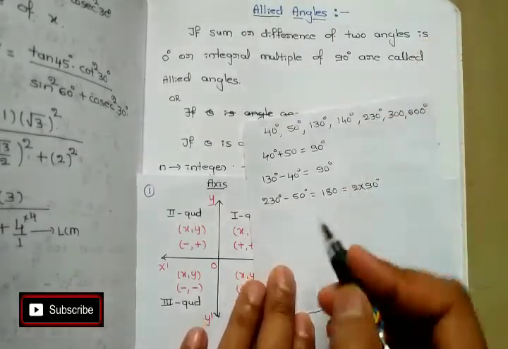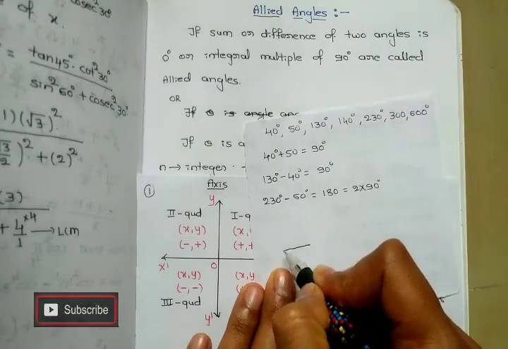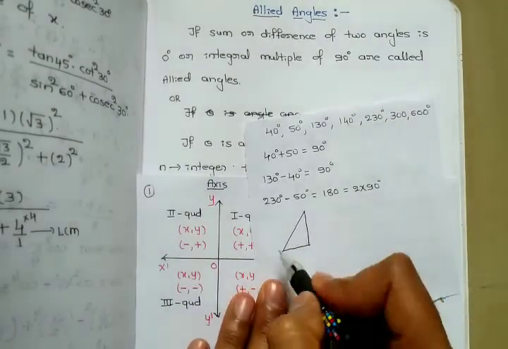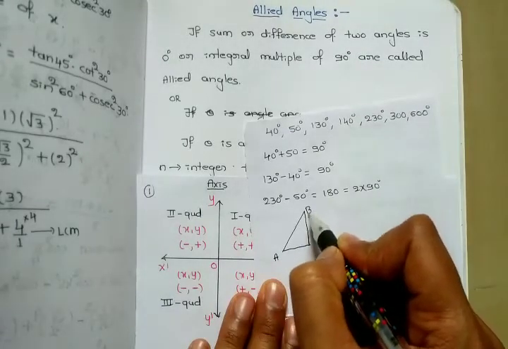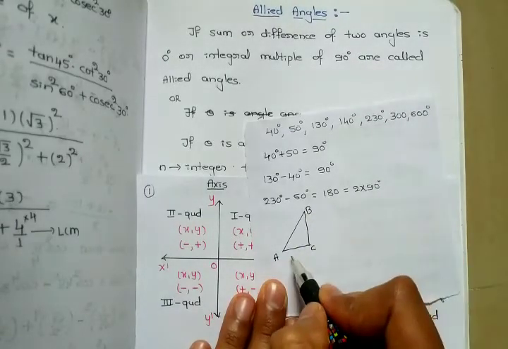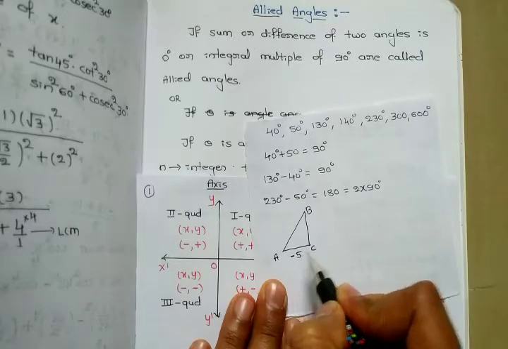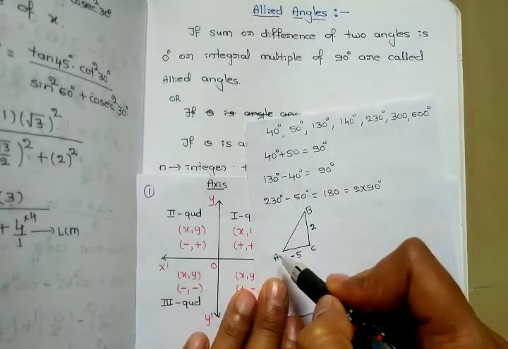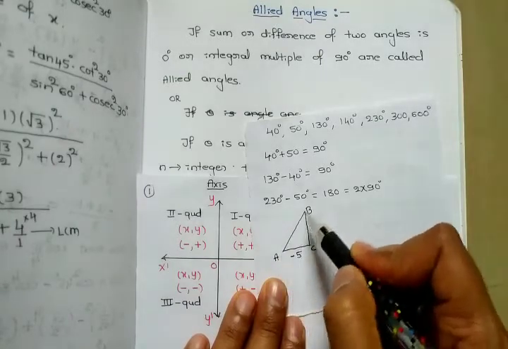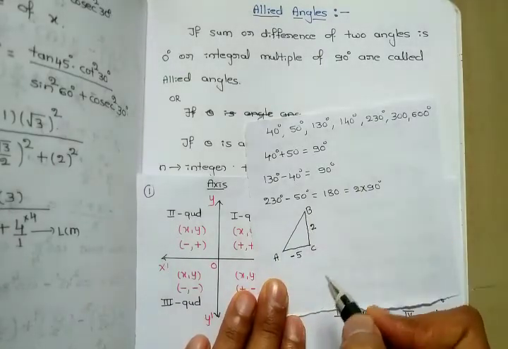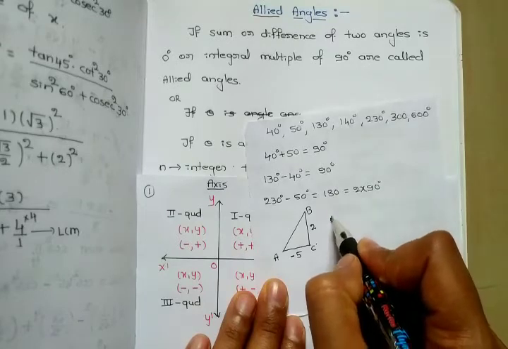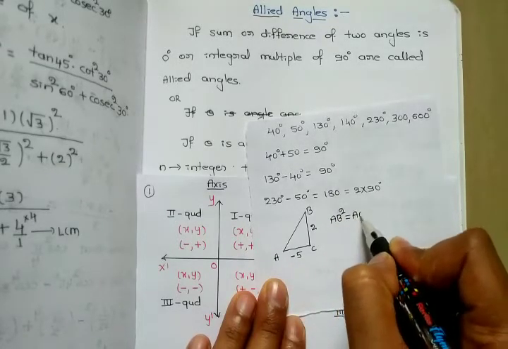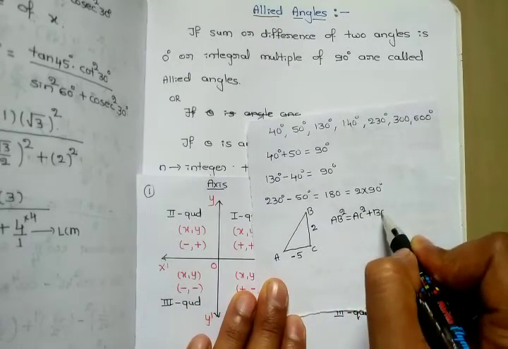So if I draw here one right angle triangle, okay, so if I call this ABC, suppose this value if I take -5, this BC value if I take 2, if I want to find out AB value, that time I am going to apply the Pythagoras theorem, correct? So if I apply Pythagoras theorem, AB square is equals to AC square plus BC square.